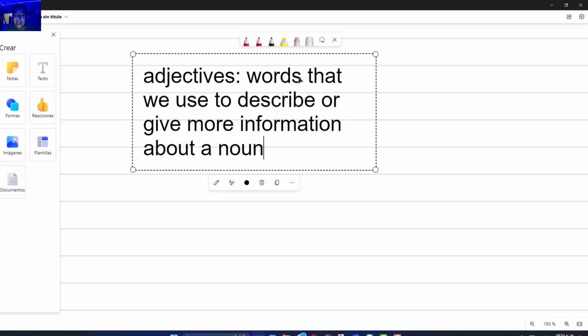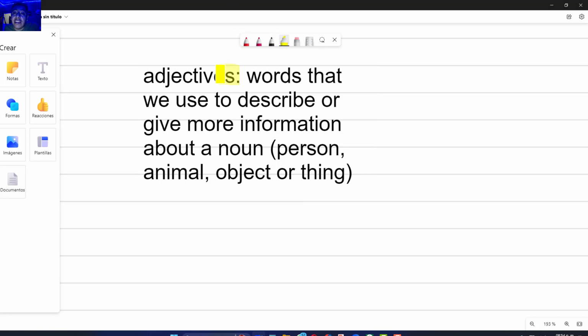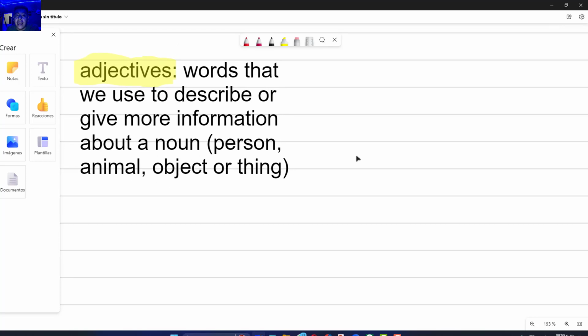Right? Remember, a noun can be a person, animal maybe, object, or thing, however you want to see it, right? That is a noun. So an adjective is the word that gives me information, that describes a noun. Alright? That is how we use it.